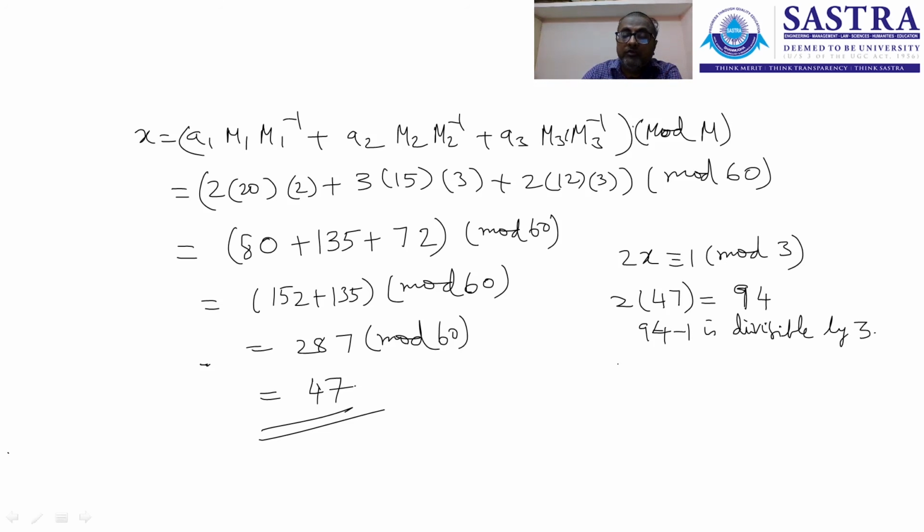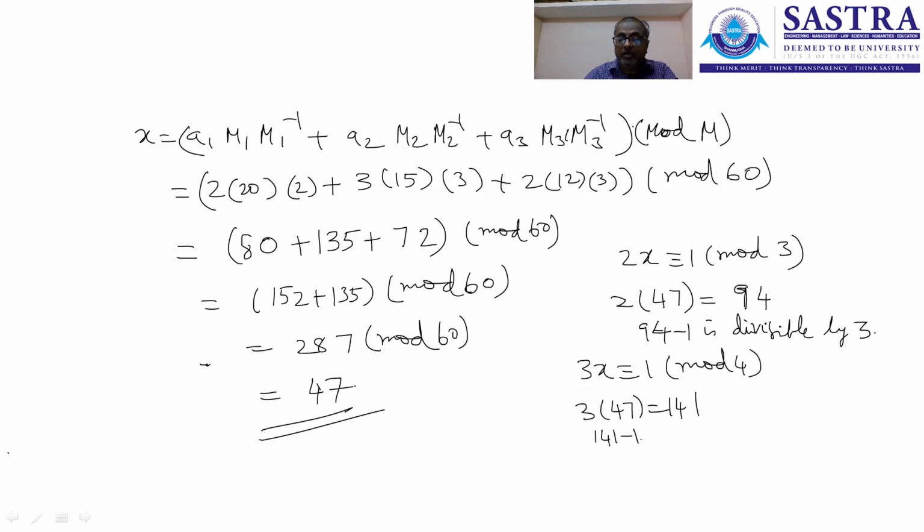Okay, now what was the second equation that we had? The second equation that we had was 3x congruent to 1 mod 4. Okay, so now 3 into 47 is 141.